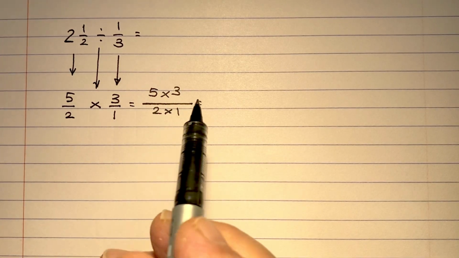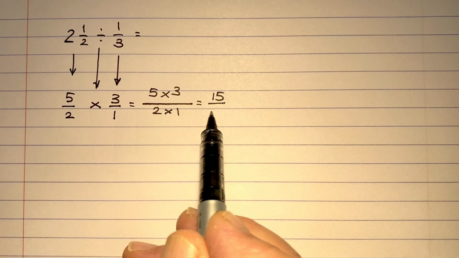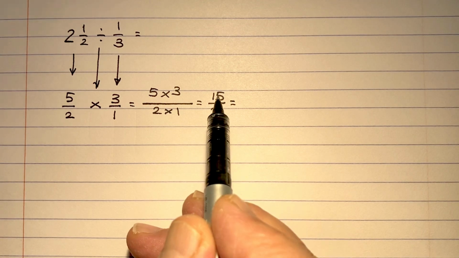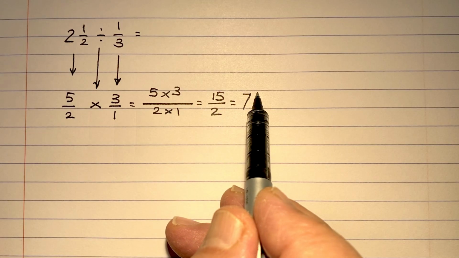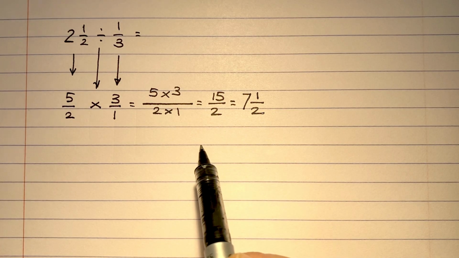Nothing from the top and bottom cancels. 5 times 3, 15. 2 times 1, 2. Top heavy. 2 into 15 goes 7 times. 2 sevens is 14. From 15, only 1 left. Same denominator.